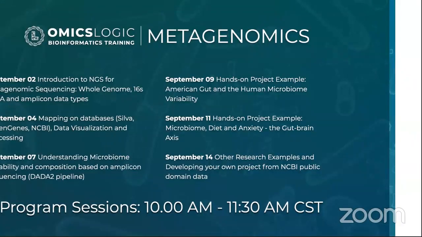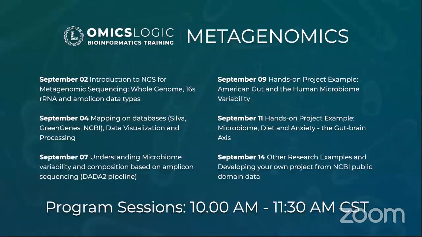So what we'll do in the program itself, in the OmicsLogic Metagenomic program, is we will spend 2 weeks learning about different types of sequencing techniques, analysis steps like mapping on databases, data visualization and processing, and understanding how to apply bioinformatic pipelines that produce different types of outputs.